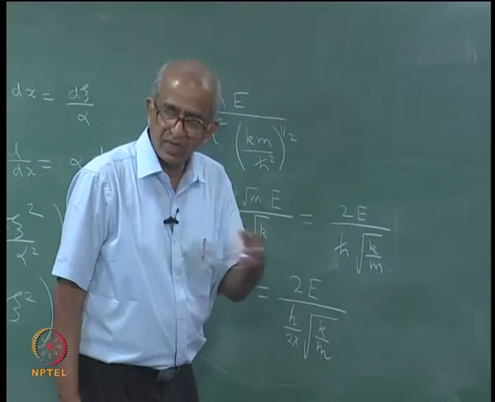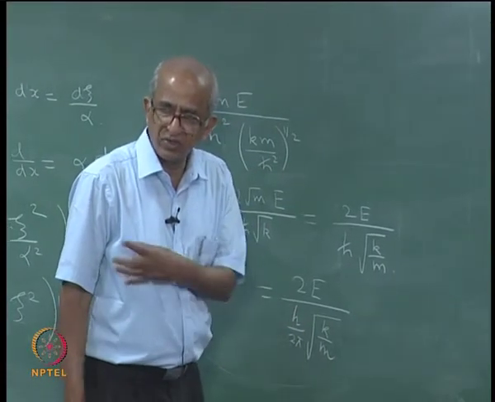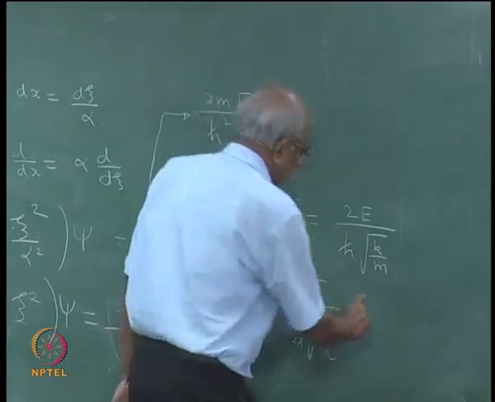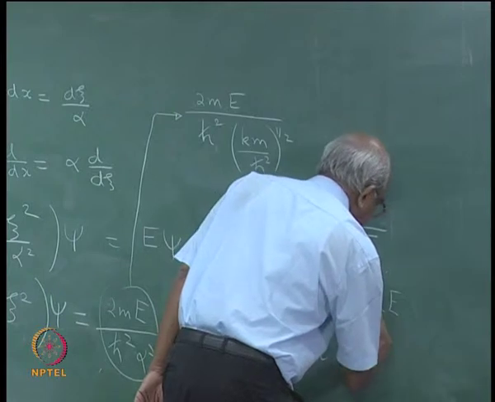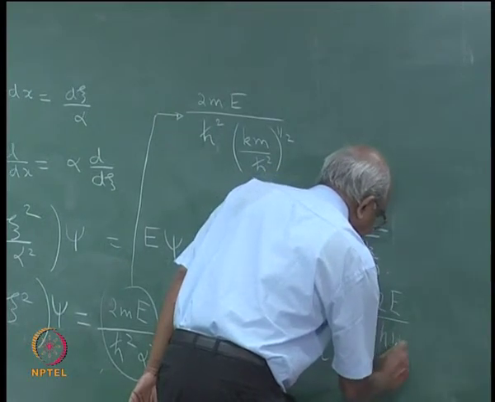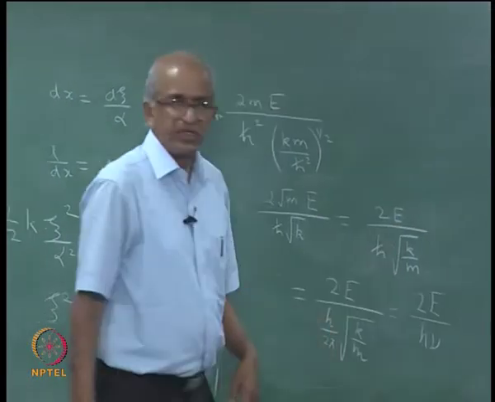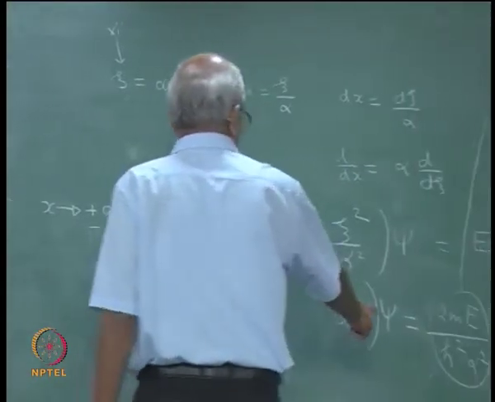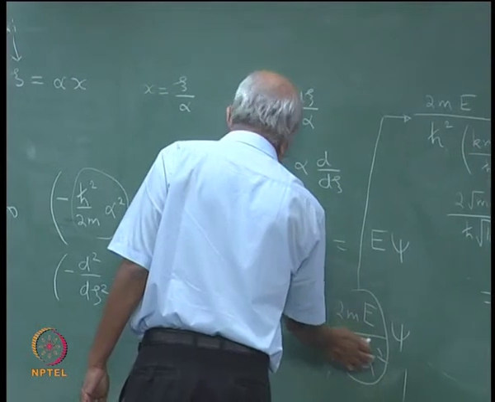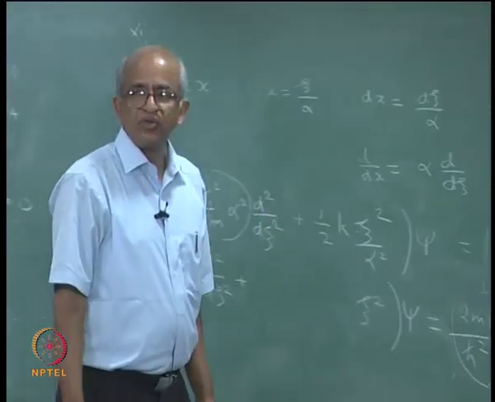That is nothing but your classical frequency of vibration of the harmonic oscillator, and hence you can say this is nothing but 2E. E is, remember, the energy of the particle, and this object that you have there is 2E by h nu. So, this constant that is occurring on the right hand side is just 2E by h nu.